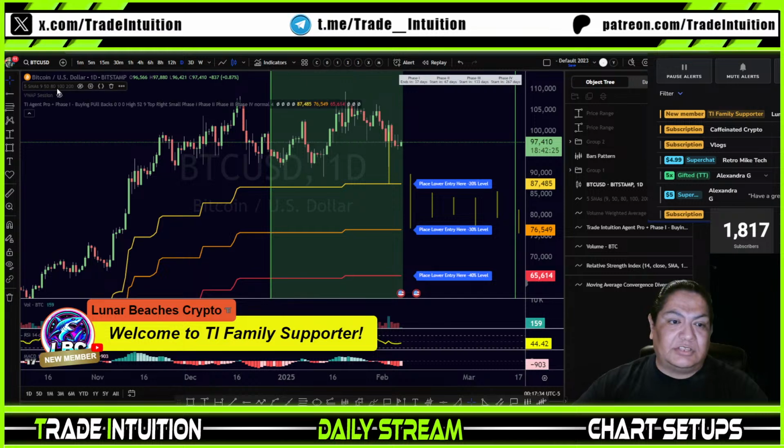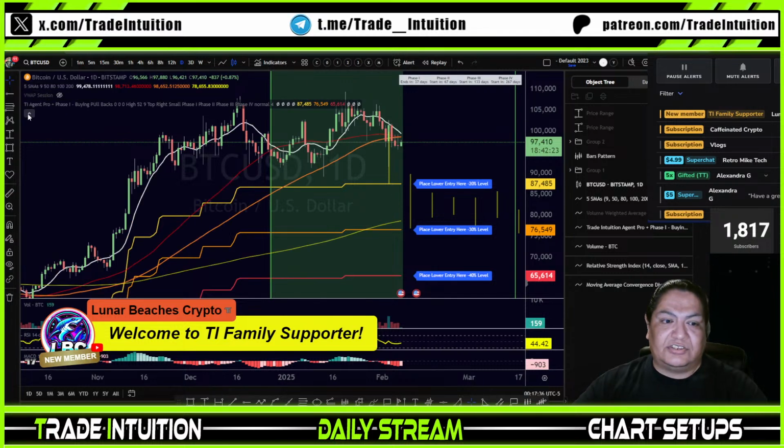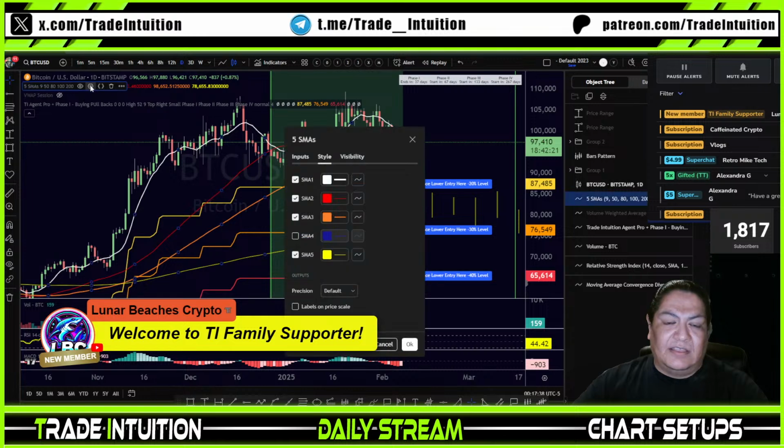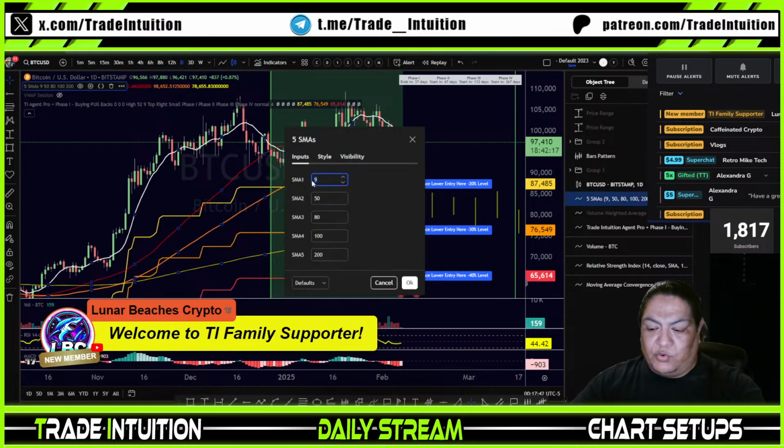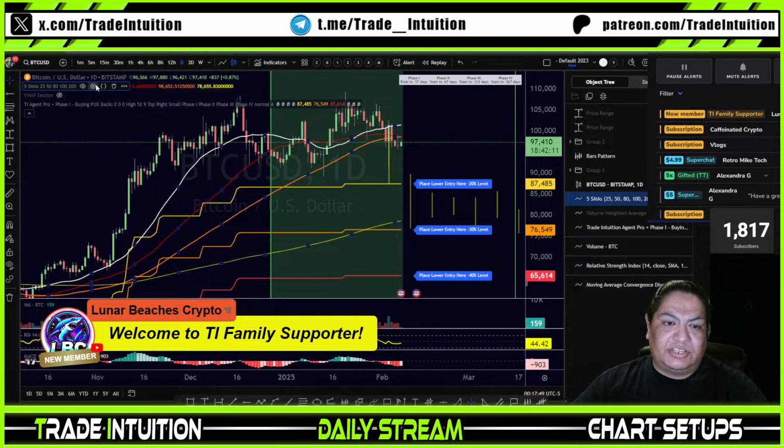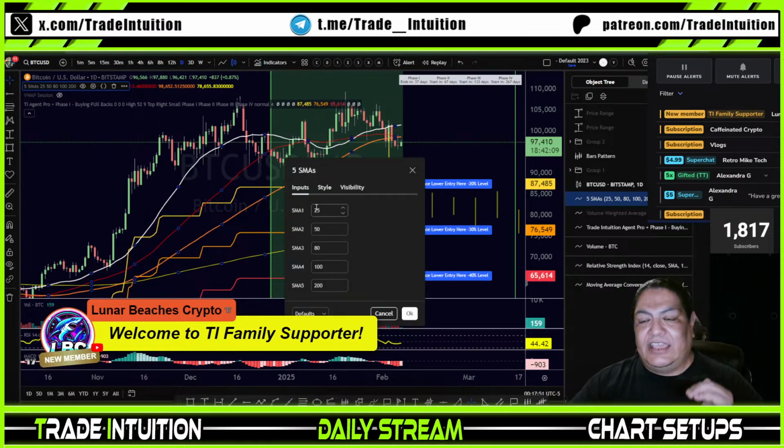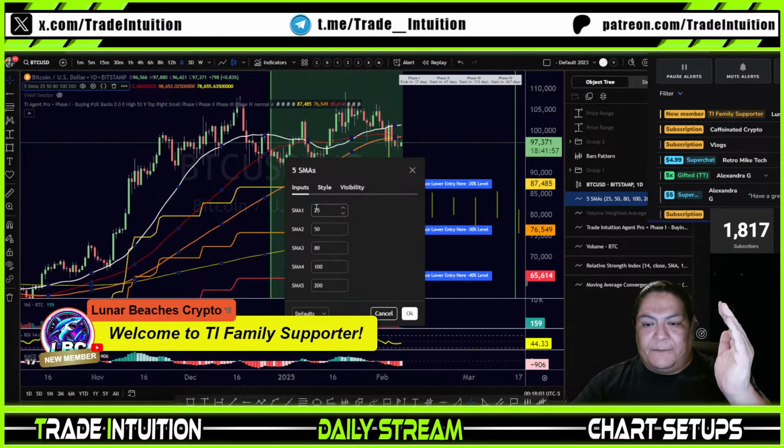If we close, and this is also what I teach, for these levels, the first one I'm having as 25, second one 50, third one I'm not going to have, and then this one. So this is what I will be having for my indicators to kind of warn me, watch out. And there's a few different steps to this. The reason I'm showing you this is because I don't want you round tripping the all-time high.